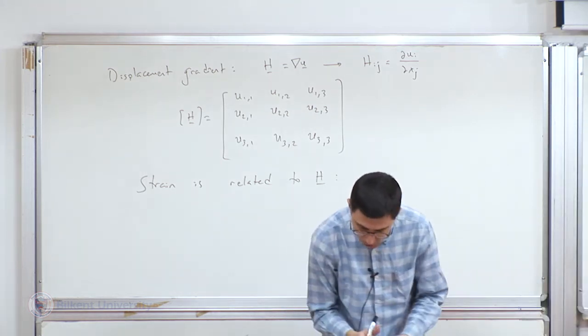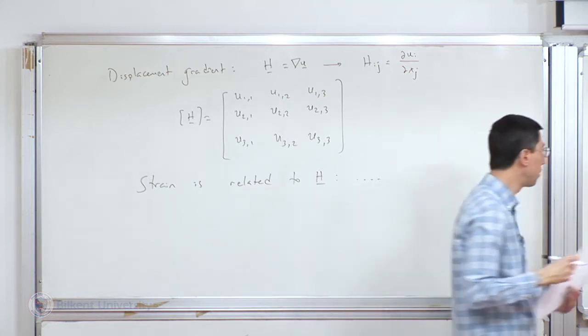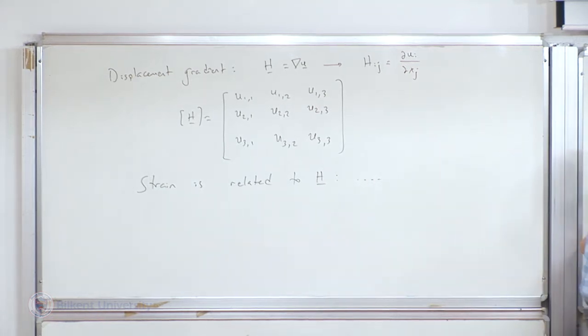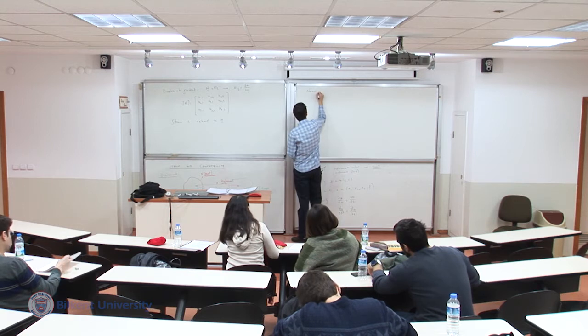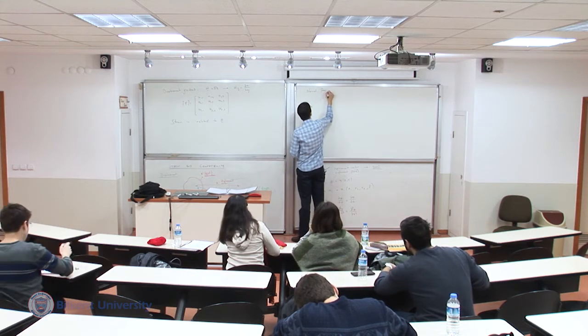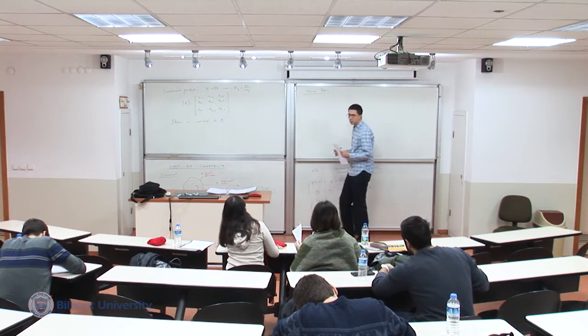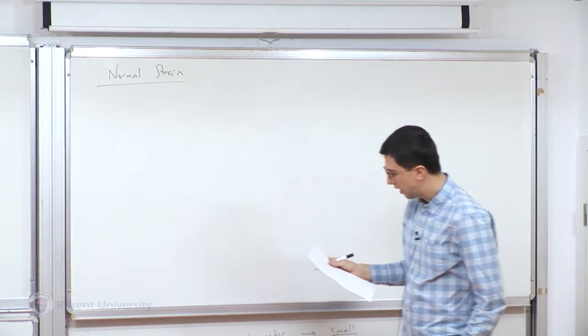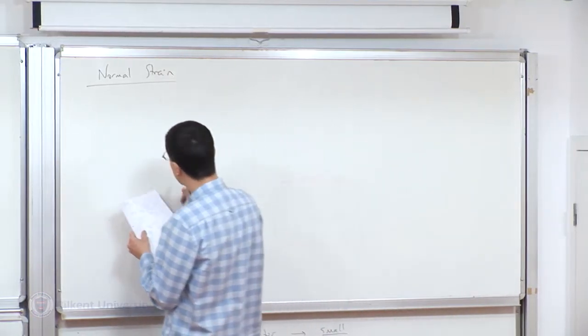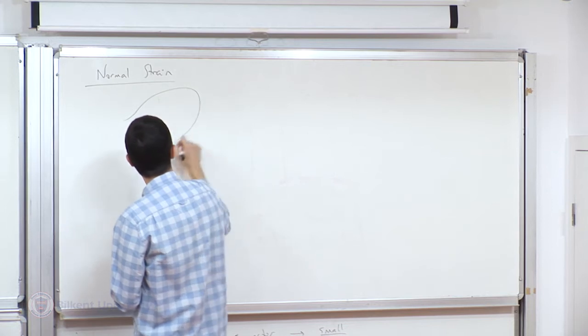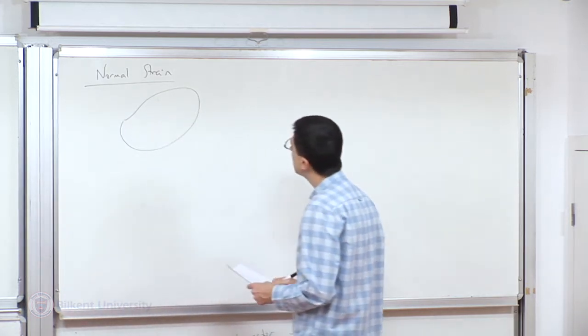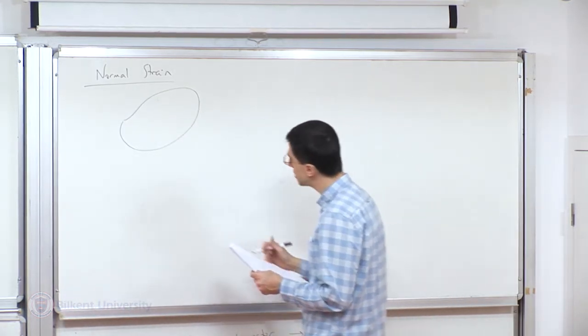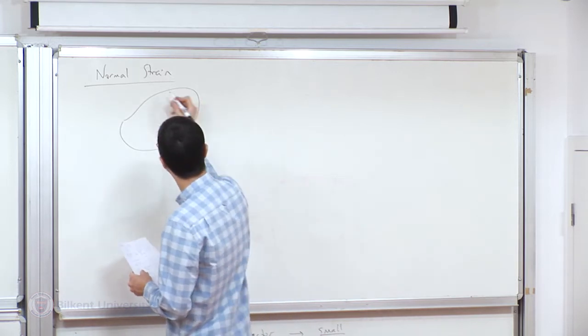I'd like to do that first with normal strain and then with shear strain. So let's recall definitions of strain. This is essentially ME 231, but I'm going to do it very compactly. The way we defined the normal strain in ME 231 was as follows. I took, again, a structural domain.